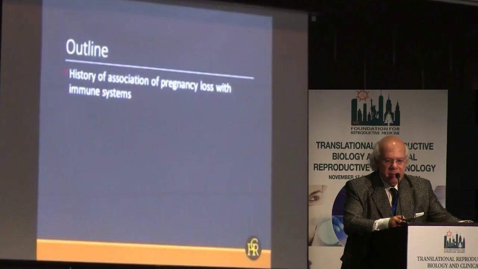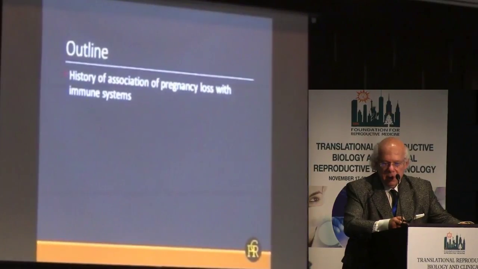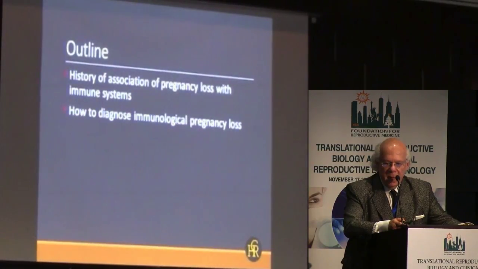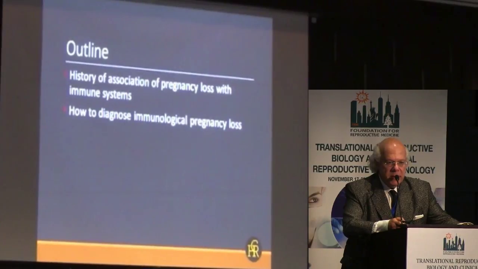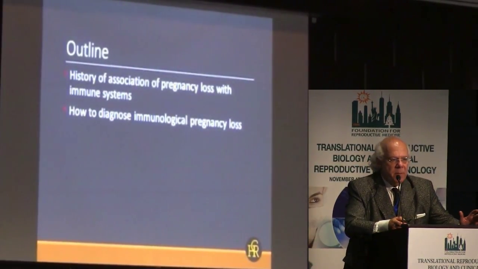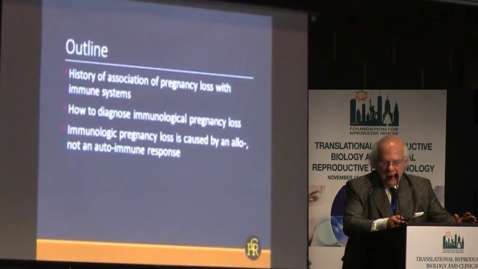I will briefly repeat what I already presented in my earlier talk today: the history of association of pregnancy loss with immune system function, and how to diagnose immunological pregnancy loss. In other words, how do we know that a pregnancy loss may be or is likely immune in nature?